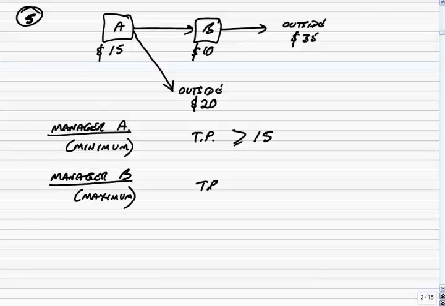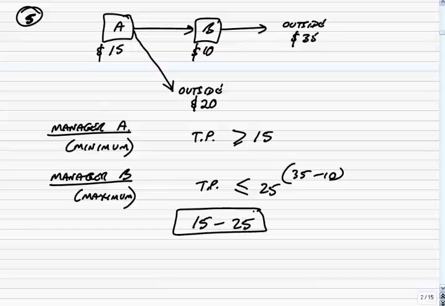And the maximum they'll pay, well, similar logic to before, it'll be the net marginal revenue, 35, less their own costs of 10. The most they'll pay is 25, and provided the transfer price is within that range, A will sell to B, B will buy from A, and that is automatically good for the company.